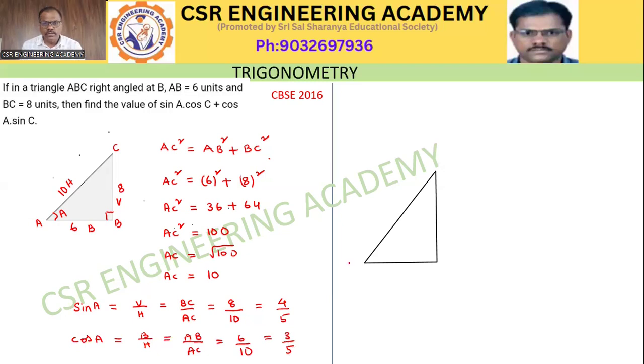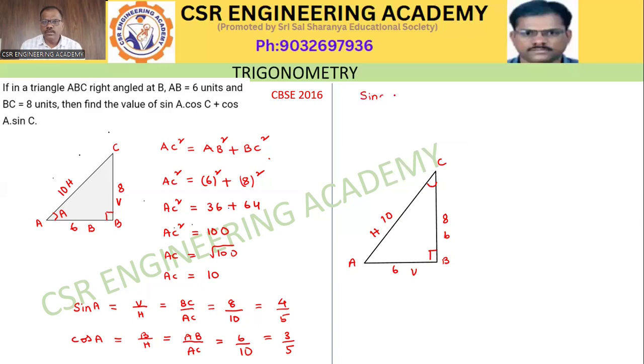In a triangle ABC, right angle at B. Now consider angle C. AC is equal to 10, AB is equal to 6, BC is equal to 8. So here AB is equal to vertical side, BC is equal to base, hypotenuse H is equal to AC.